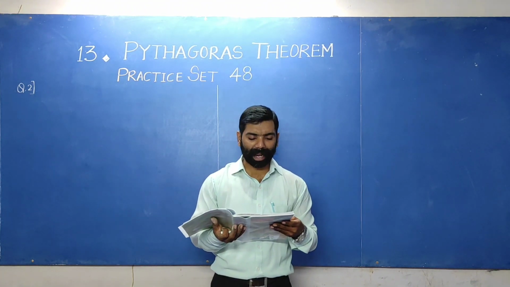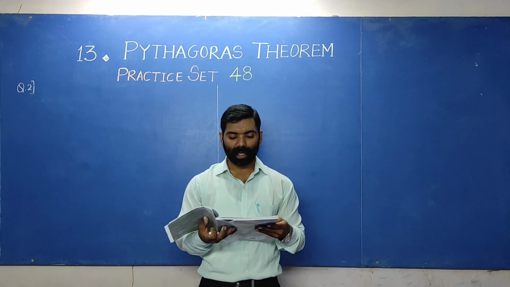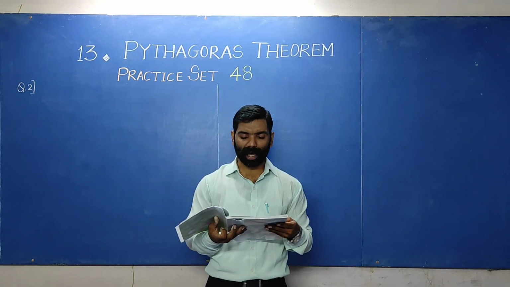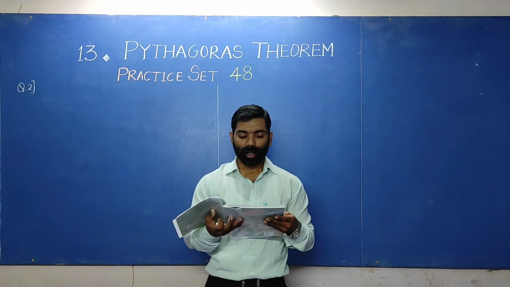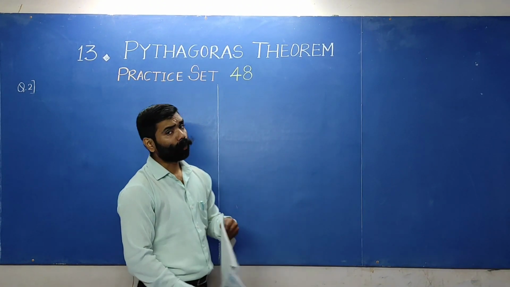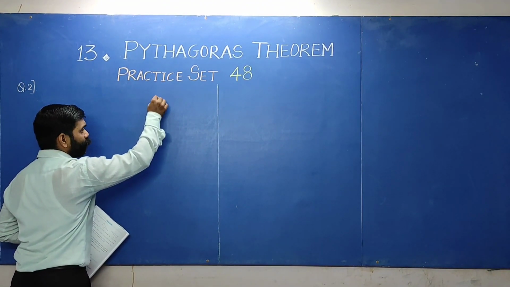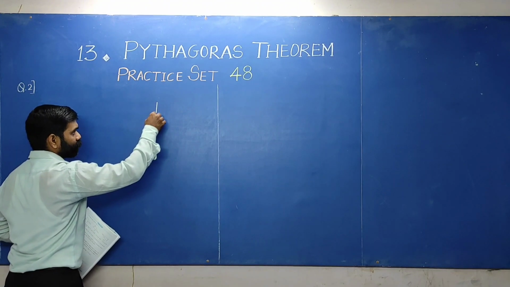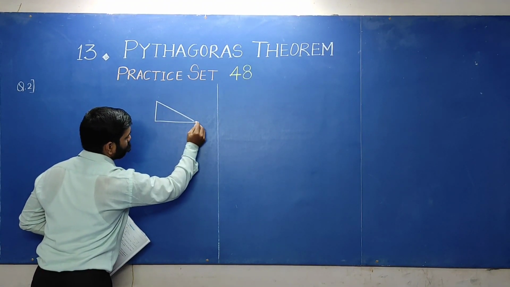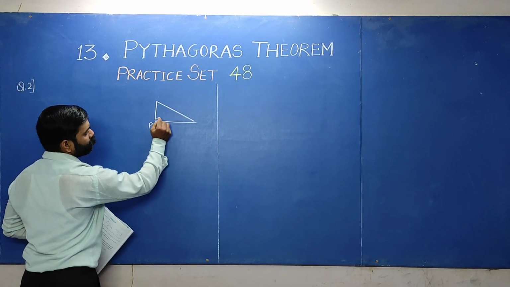Okay students, let's see question number 2. In the right angle triangle PQR, angle P is equal to 90 degrees. If length PQ is equal to 24 centimeter and length PR is equal to 10 centimeter, find the length of seg QR. Now we need to draw the diagram for our convenience. Measure of angle P is 90 degrees.